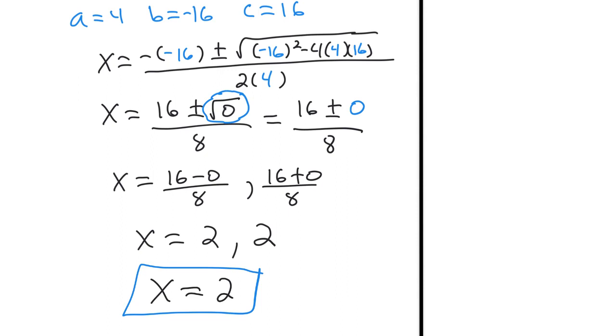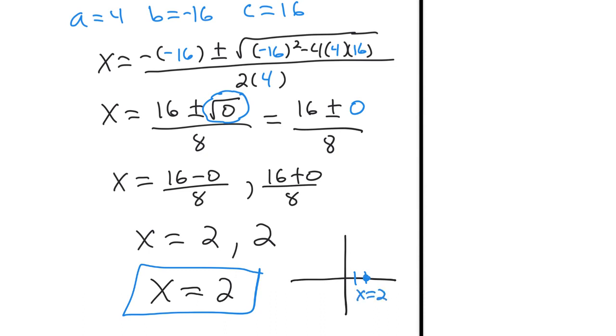Now, what does it mean? It means that the parabola is going to cross only one time. Actually, it's not going to cross, it's going to touch one time on the x-axis. And just to give you guys an idea, I'm going to draw the parabola for you here. Positive 2 on the x-axis, x equals 2 is 1, 2 right here. That's x equals 2.